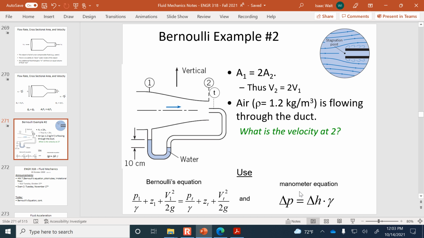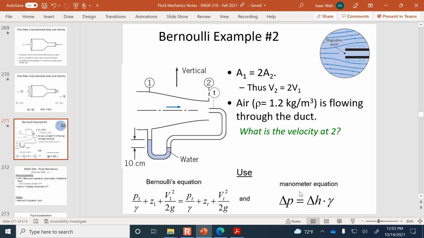The manometer equation is effectively telling us that P1 plus delta H times gamma is equal to P sub T. This is the manometer equation.